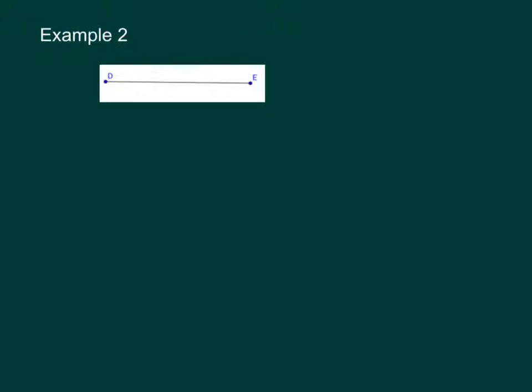All right, now I want to look at example 2. You have points D and E, and I'd like you to represent them from a collinear standpoint and a coplanar standpoint. Turn the screencast off for a second and give it a shot. All right, so here we have D and E. If I simply put the line through it, the way we have it right here, they would be collinear.